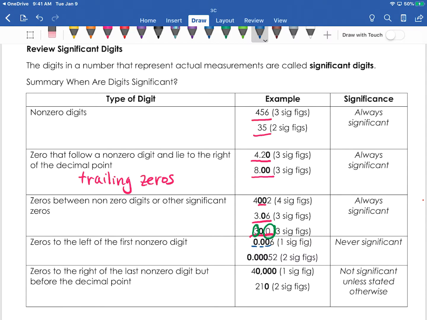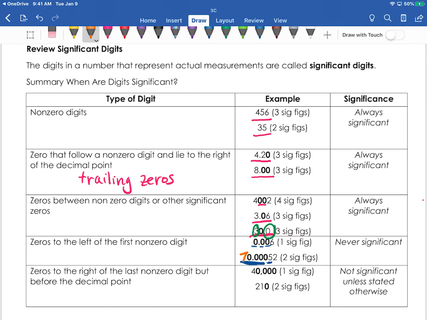Same thing with this. The 5 is the first non-zero digit. Anything before that, if it's a 0, is considered not significant. Now, if there was, I'm just going to add something in, but don't write it in your notes because this isn't part of the example. I'm just doing a what if.